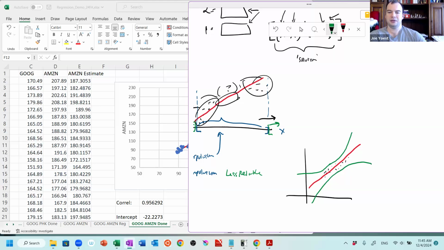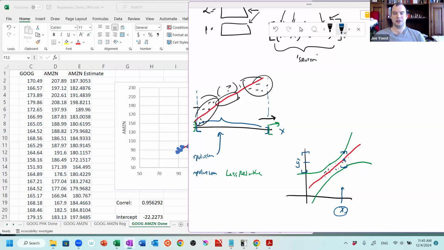So the red is the best guess and the green is something like a confidence interval. So in other words, for this value of x, if I go up here, my best guess for y is that number. And my confidence interval would be this interval from this green number to that green number.